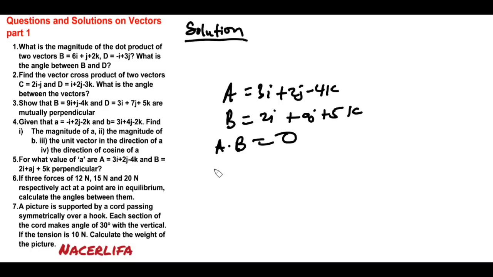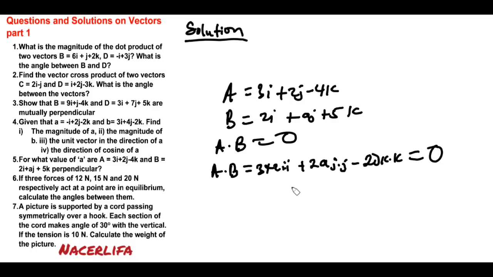So a dot b equals 3 times 2 i dot i, plus 2 times a j dot j, minus 4 times 5, which is minus 20, k dot k. Everything should equal 0. So 3 times 2 is 6, plus 2a minus 20 equals 0. So a dot b should equal 0.